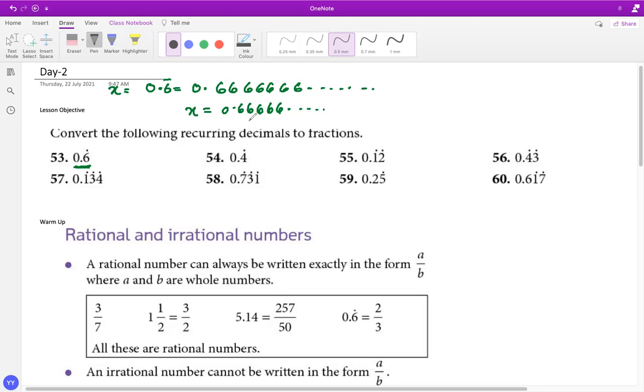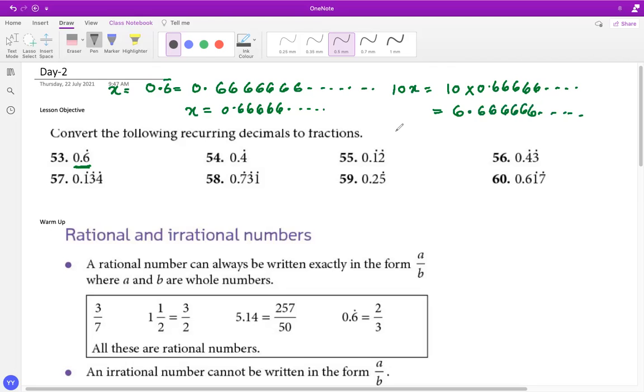So here, no need to multiply by 1,000. What I do is multiply both sides by 10. When I multiply both sides by 10, I get 10x on the left-hand side. And 10 times 0.6666 and so on becomes 6.6666 and so on.